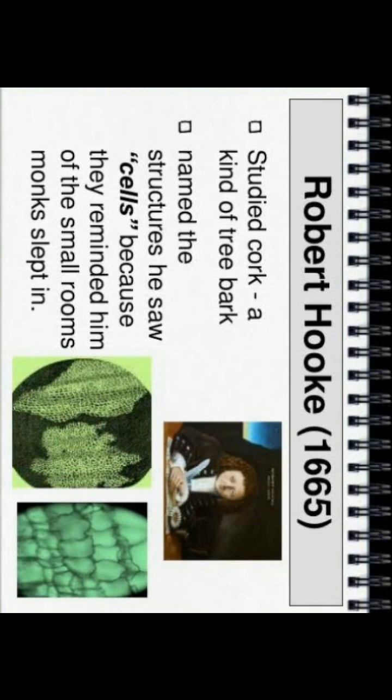Maybe you have seen the small rooms where monks slept. Such rooms were observed by him in the cork piece, which is a small tree bark. He named those as cells in the year 1665. This comes under early contributions. So make sure this point is clear to everybody.